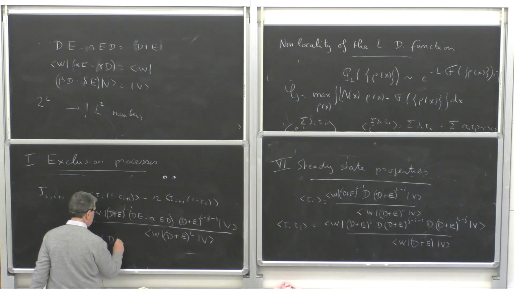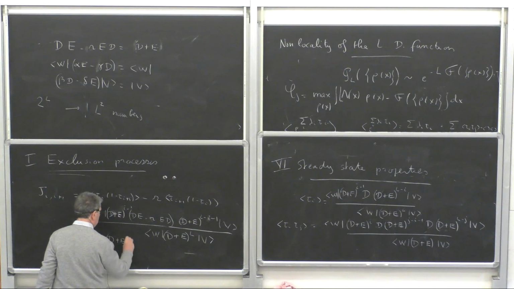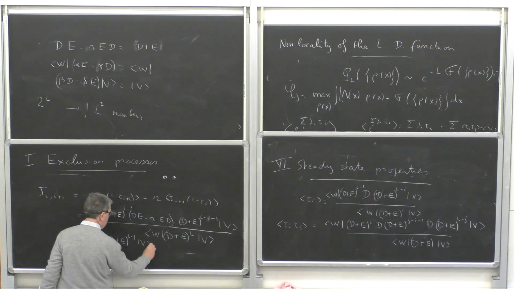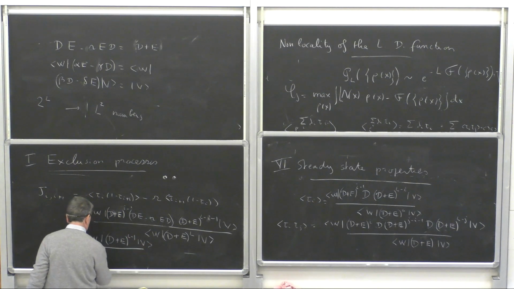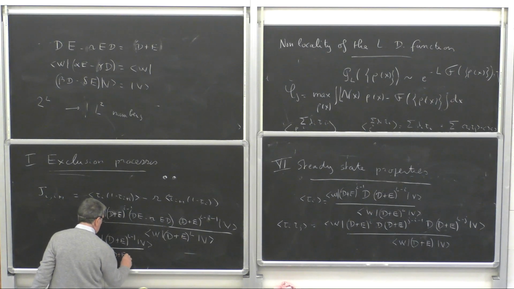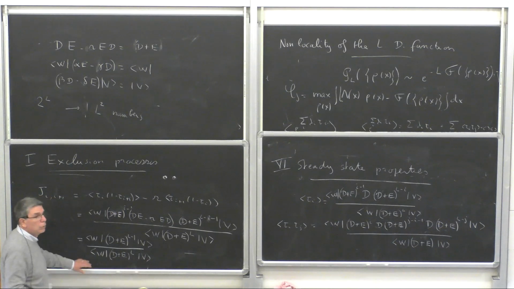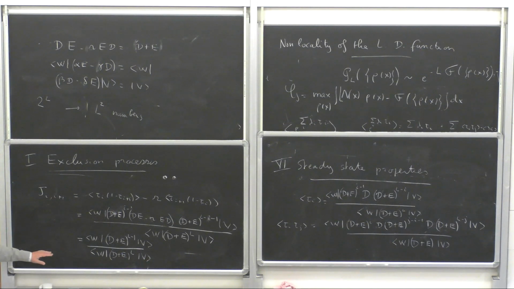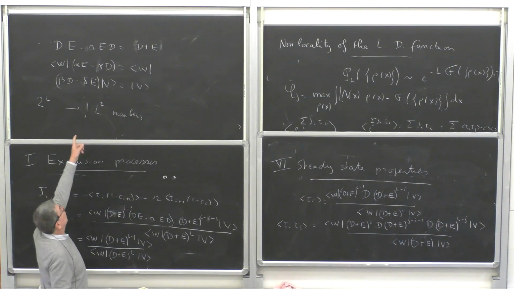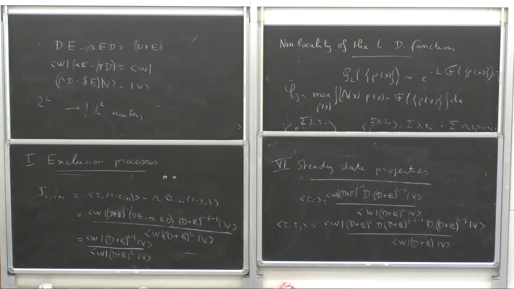It will be D plus E to the L minus 1, V, times DE minus RED. So if I am interested in the current, I just need to know this normalization. That's it, because DE minus ED is just D plus E. So I can compute something.